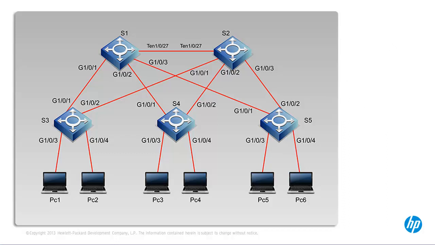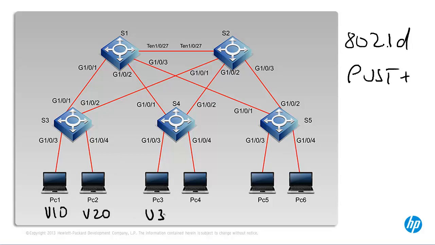So, in 802.1d, we could only configure a single spanning tree root. In PVST, we configure a spanning tree root per VLAN. So as an example, if PC1 was in VLAN 10, PC2 in VLAN 20, and so forth, so devices are in different VLANs, what we could do is make switch 1 the root for odd VLANs.